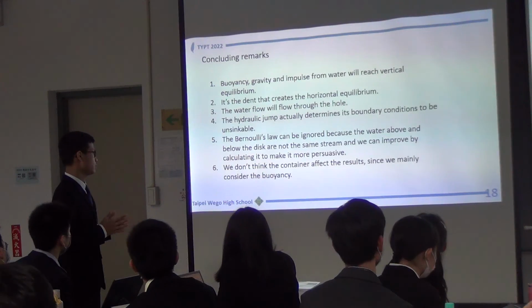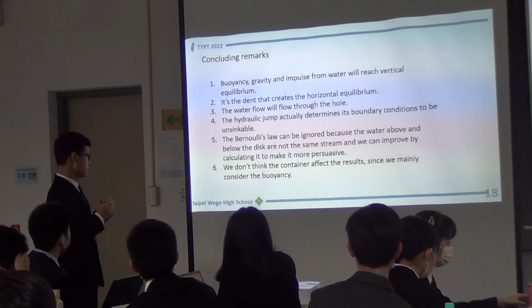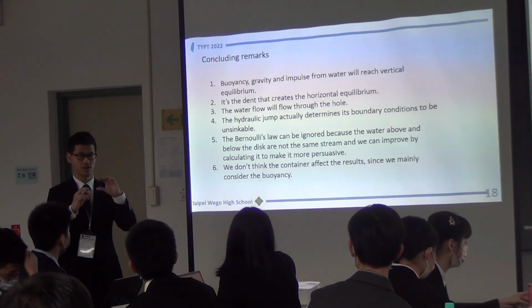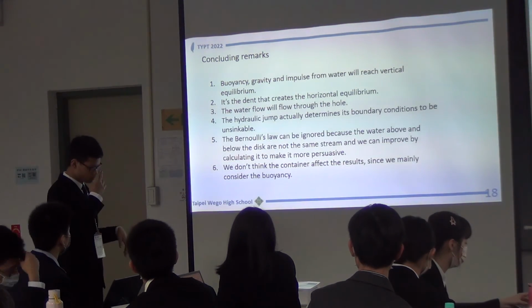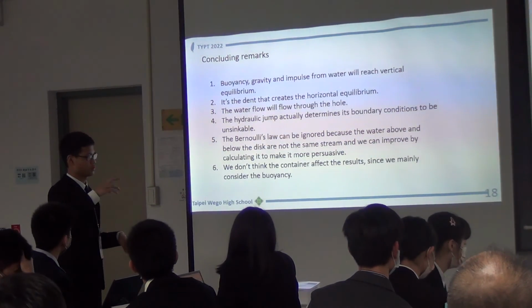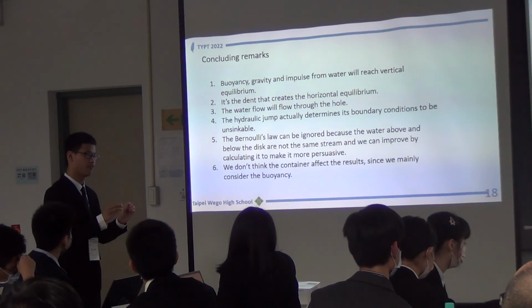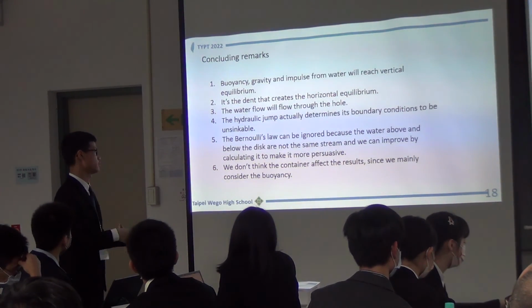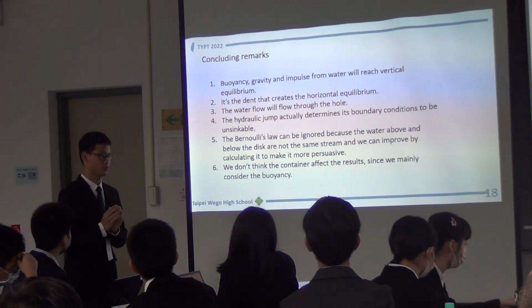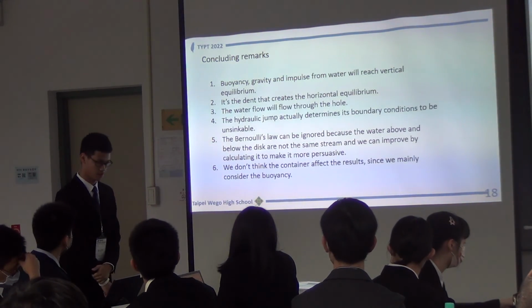And we don't think that the container affects the results, since we only really consider the buoyancy, and the buoyancy is only about the displacement of water above, and the water going downwards doesn't really affect how the water flows underneath it. And thanks to the reviewer and the reporter, I think we all learned a lot more about this topic today. Thank you.